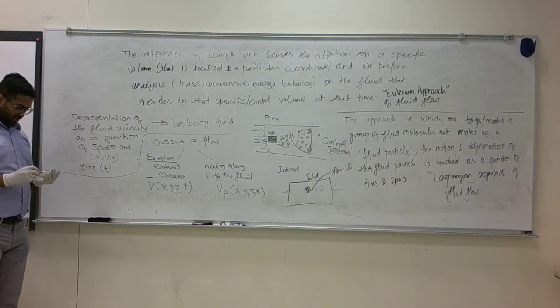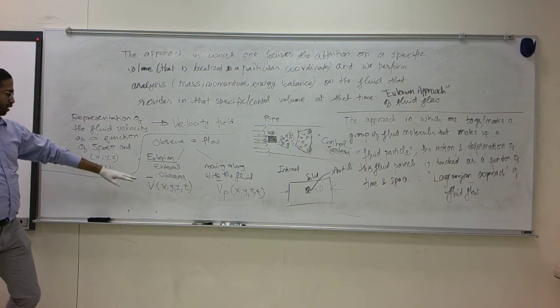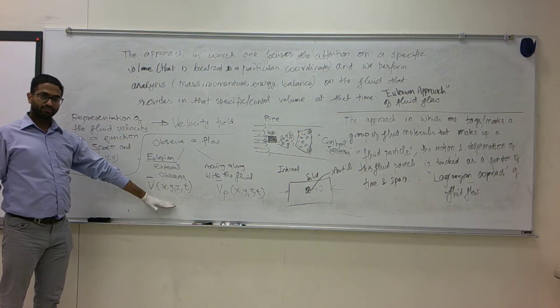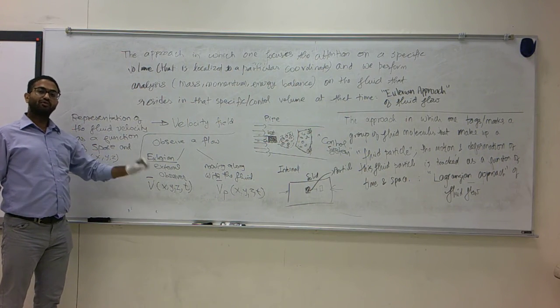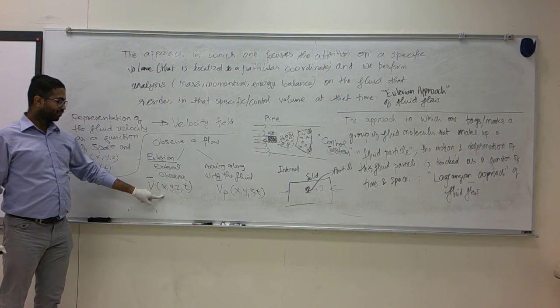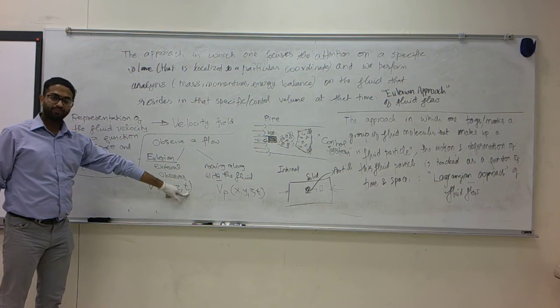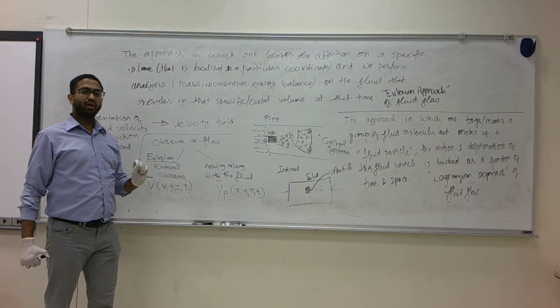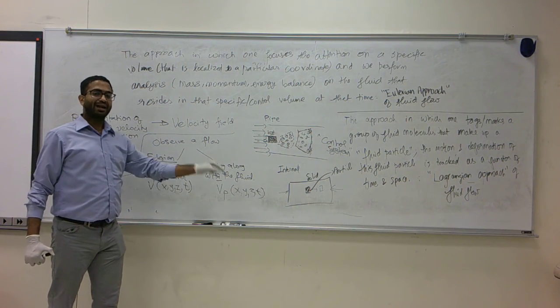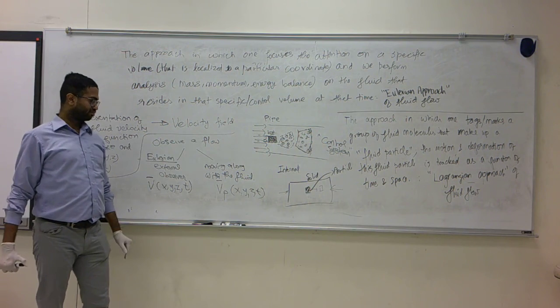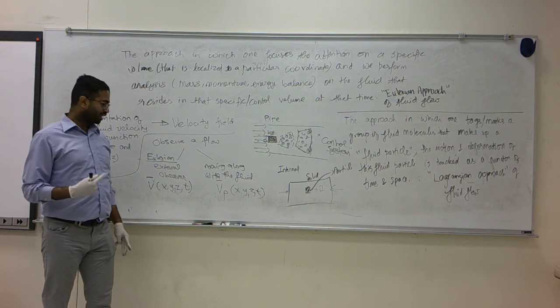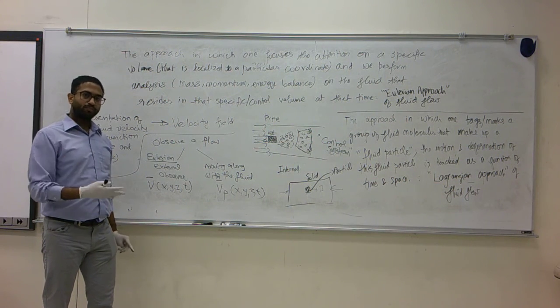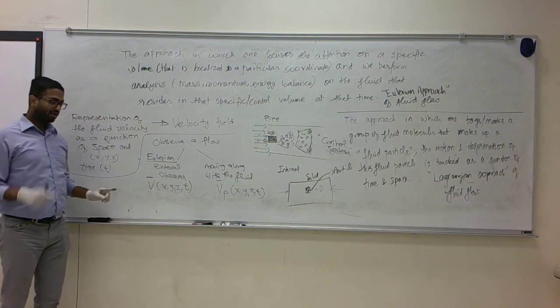Here is the big difference. The Eulerian velocity field represents the velocity of the fluid as a function of space and time. The Lagrangian velocity represents the velocity of a fluid particle at a given point and given time. Please note this statement to understand. I'll repeat.